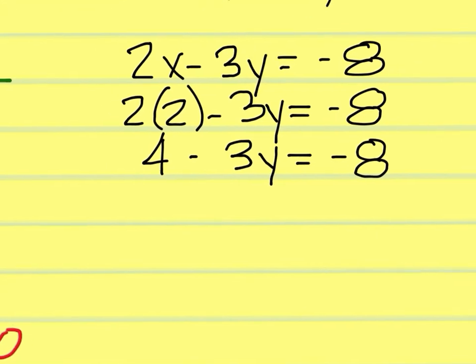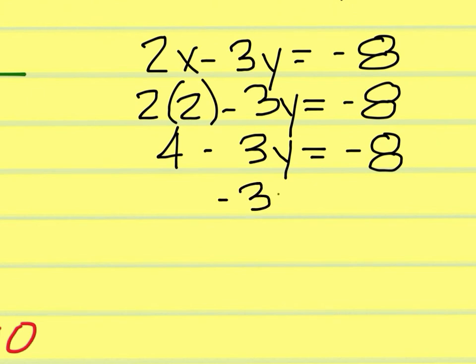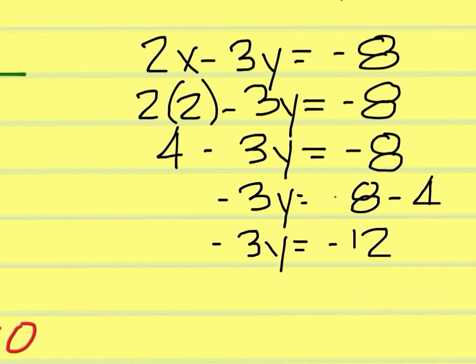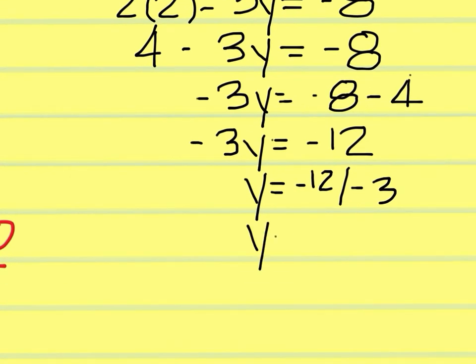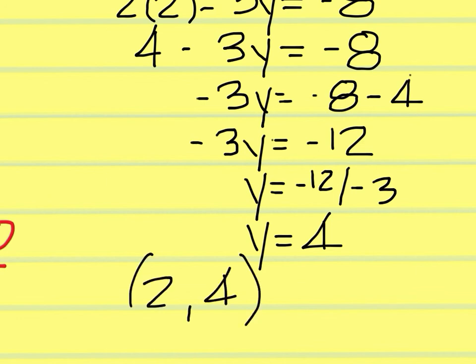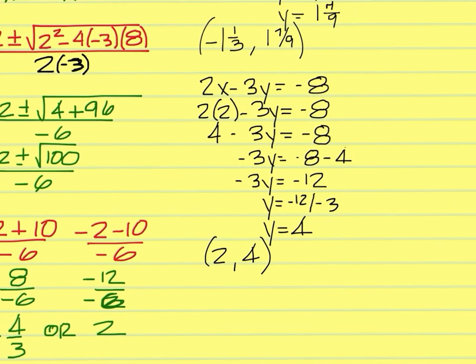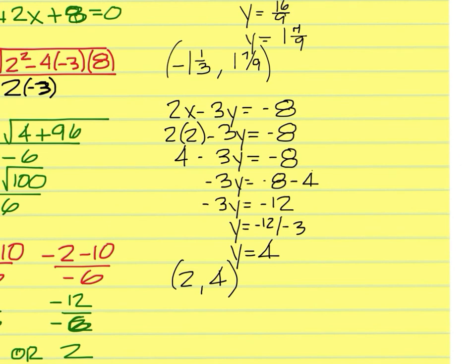Negative 3y equals a negative 8 minus 4, and a negative 3y equals a negative 12. Y equals negative 12 divided by negative 3, so we'll come back with y equals a positive 4. We put in a positive 2 and came back with 4. And remember, the other answer was negative 1 1/3 and 1 7/9.